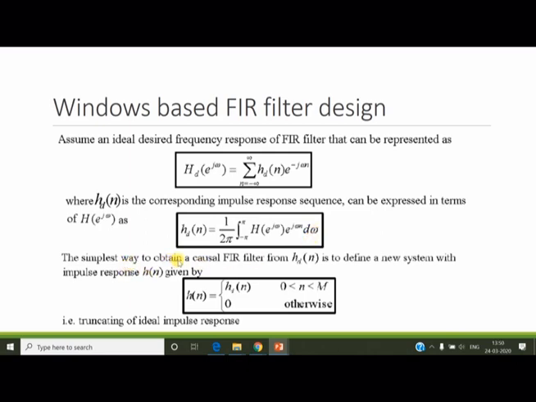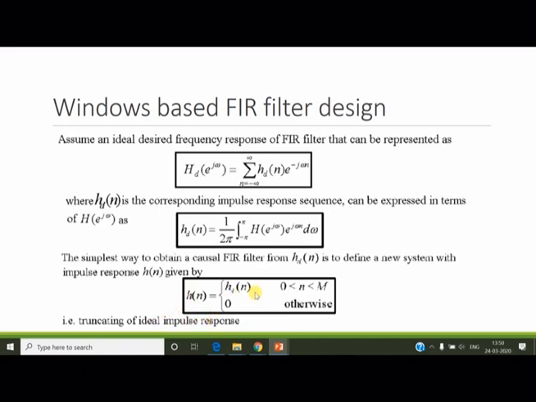Now to find a causal filter from h_D[n], we have to define a new impulse response set, that is h of n. We saw earlier that h_D[n] has the range of n from minus to plus infinity. It means this impulse response contains infinitely many coefficients, which we are truncating, because h_D[n] is the impulse response of an ideal filter.